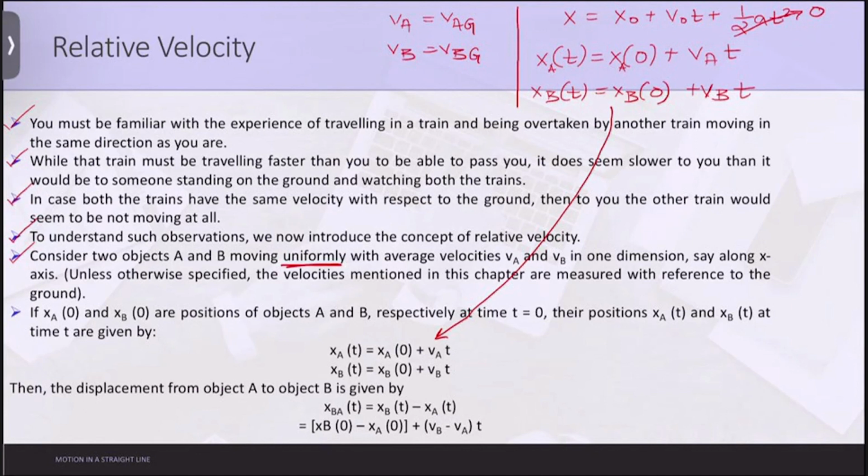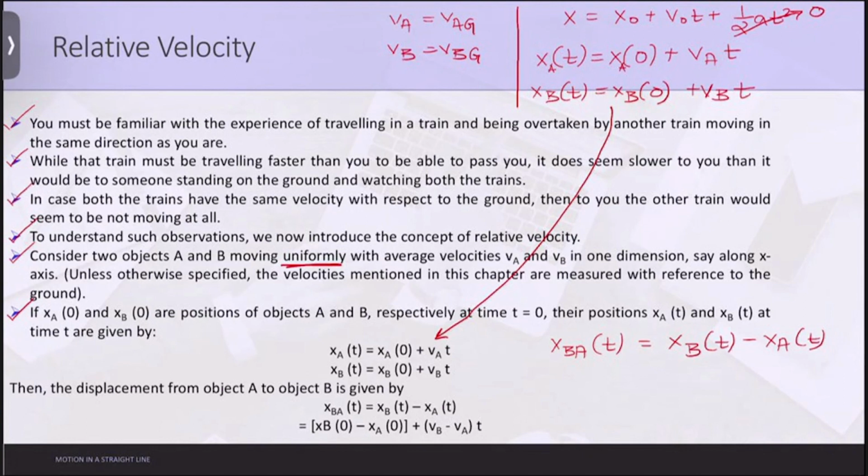Then the displacement from object A to object B is given by XBA of t. This is how relative velocity is explained. XBA of t is equal to XB of t minus XA of t.